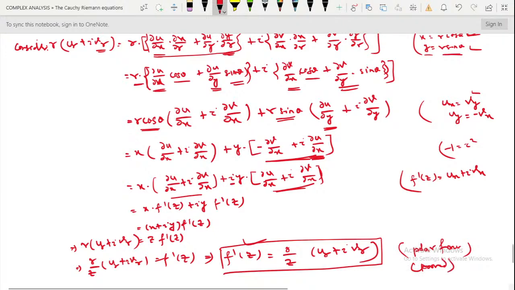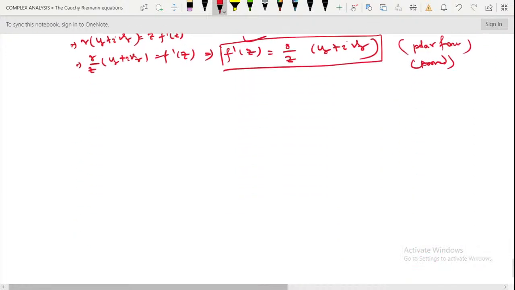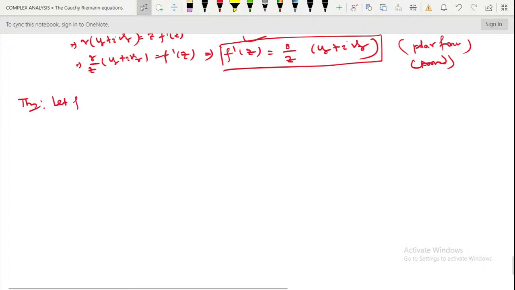Okay, so now comes the next thing. There is another small theorem. Let f of z be a differentiable function.